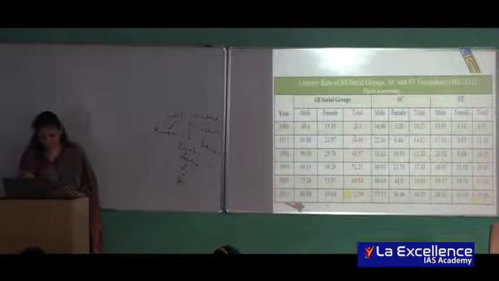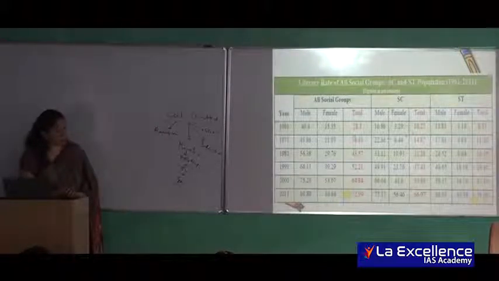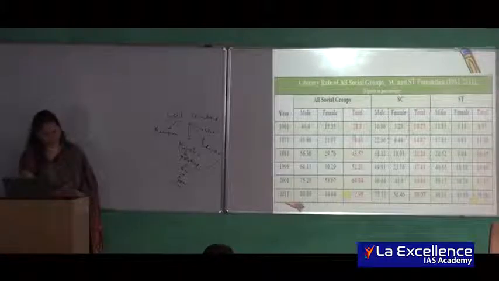So 1991, where the overall Indian population crosses that 50% literacy mark. 1981, male literacy crosses that 50% mark. 2001, the female population crosses the 50% mark.